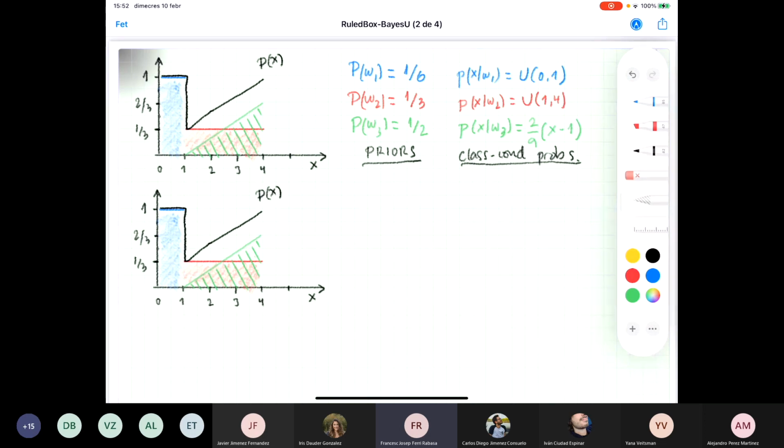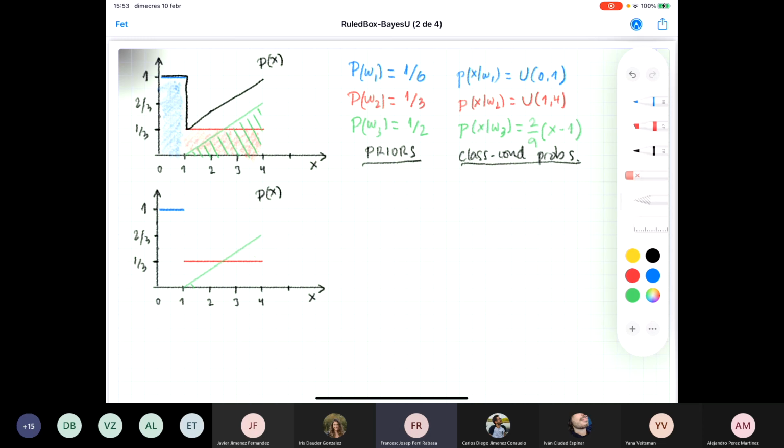Okay, and now, to weight this, we have to multiply each of these class conditional probabilities by the prior.